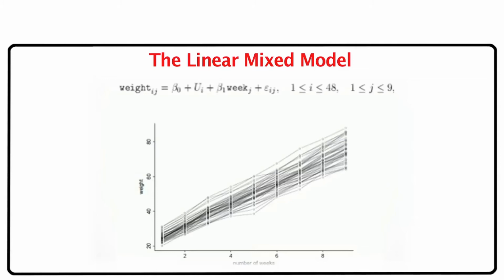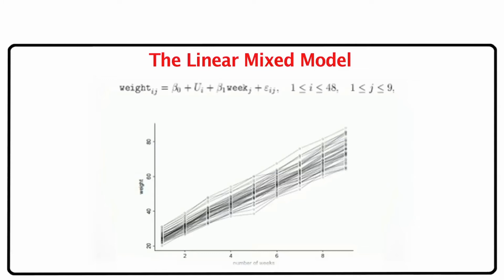We can model this by saying that there is a constant coefficient beta 1 per week for every pig. Note that beta 1 does not depend on i, where i denotes pig and j denotes time point. To accommodate the random intercept, we can write this as beta naught plus u_i, resulting in an intercept beta naught i, which is equal to beta naught plus u_i, and which varies across i.